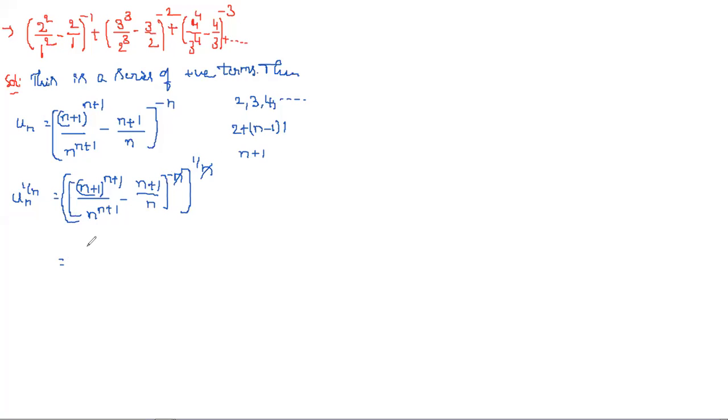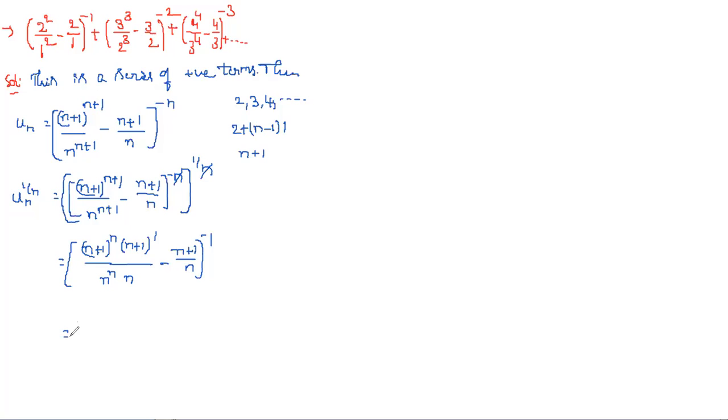What about the remaining? n plus 1 whole power n plus 1 can be written as n plus 1 whole power n into n plus 1, and the denominator as n power n into n, minus n plus 1 by n whole power minus 1.